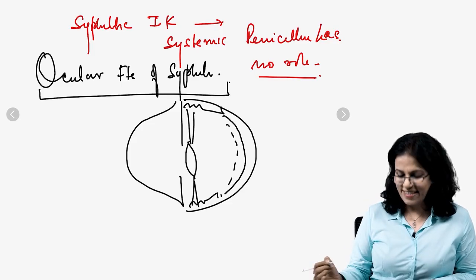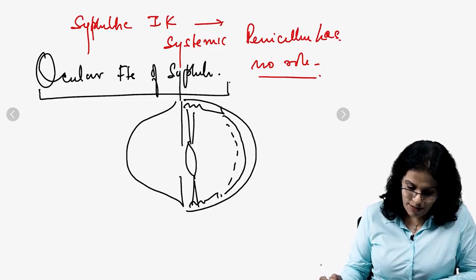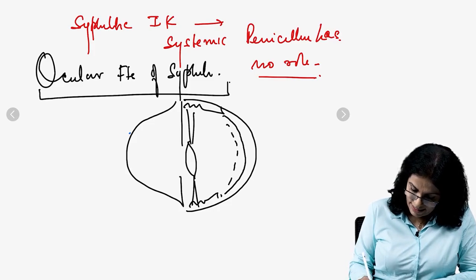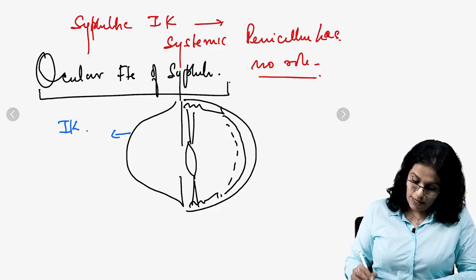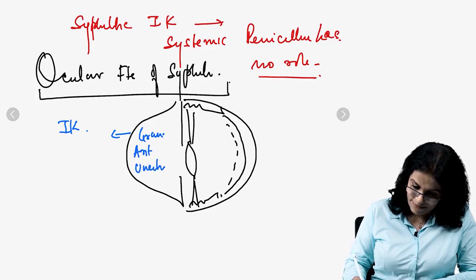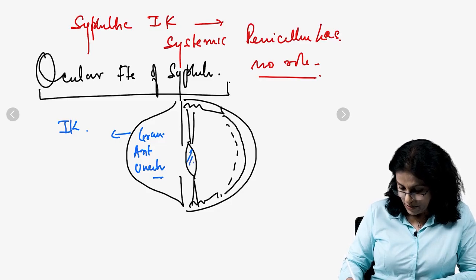Okay. So, one by one, first important thing is, of course, interstitial keratitis. We start with this. Second, uveitis, it can be granulomatous or non-granulomatous, but generally granulomatous anterior uveitis. Then it can lead to cataract.